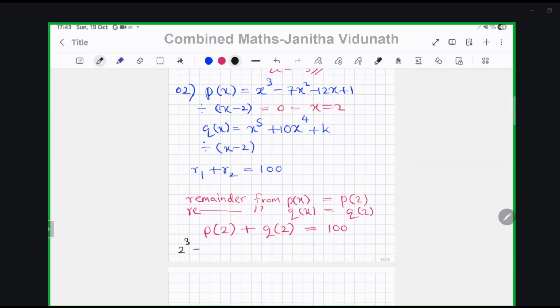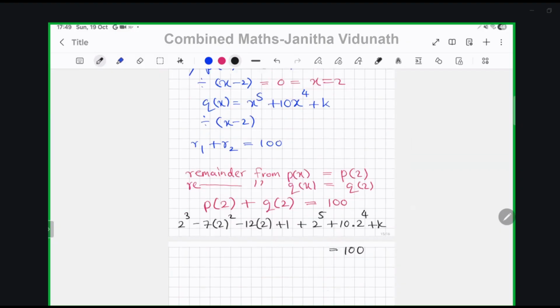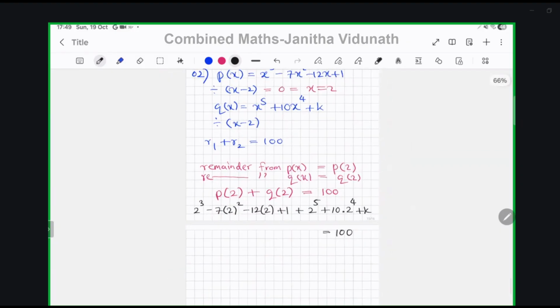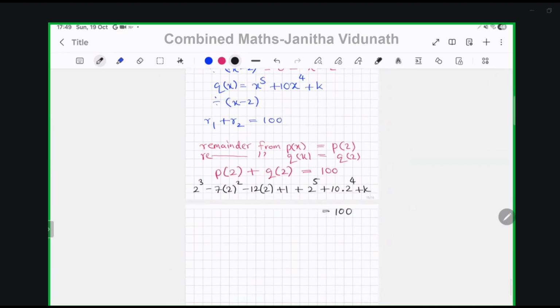Now from p2 we can get 2 cube minus 7 times 2 squared minus 12 times 2 plus 1. Plus from q2 we get 2 to the power 5 plus 10 times 2 to the power 4 plus k. The sum of those two is equal to 100.